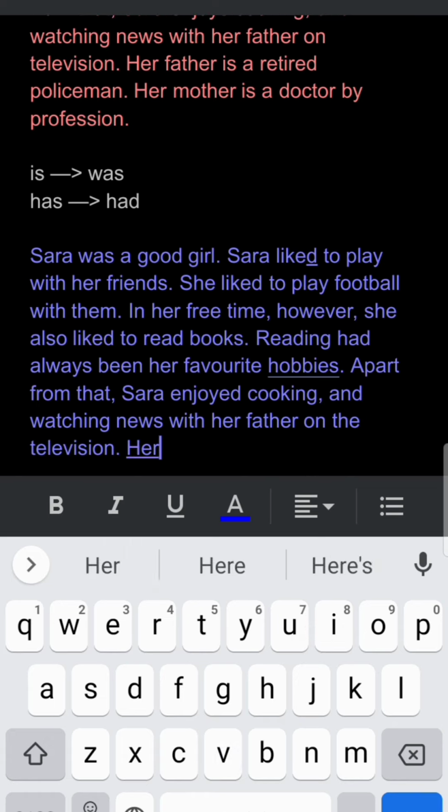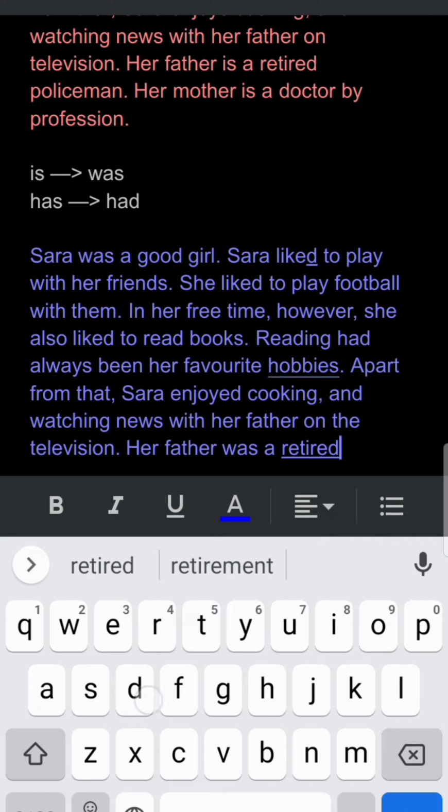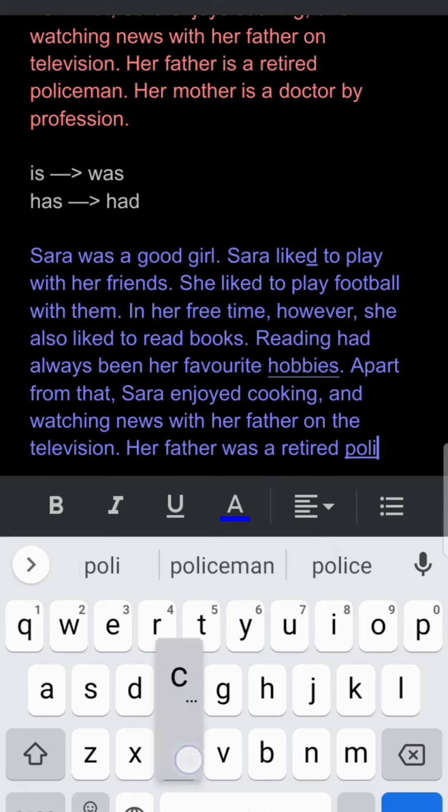Her father was a retired policeman. See now, again, is here is changing to was. Her father is a retired policeman changes to her father was a retired policeman.